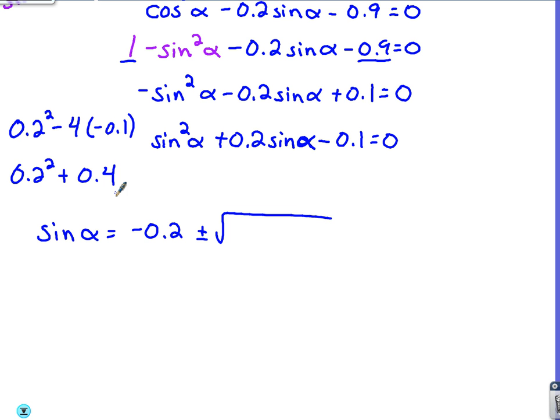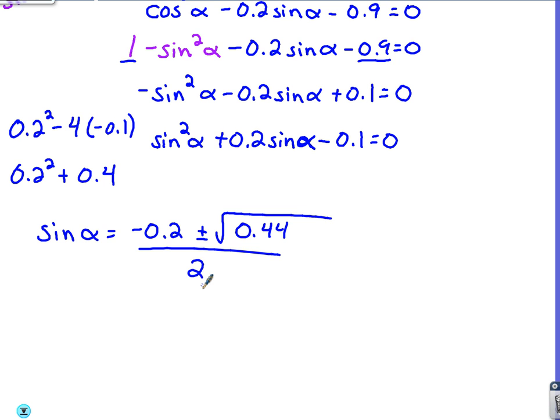Check me on that. Because I think 0.2 times 0.2, shouldn't that be 0.04? Because you need two numbers to the right of your decimal. 2 times 2 is 4. That'd be 0.04. 0.04 plus 0.4 is 0.44. So 0.44 over 2a.